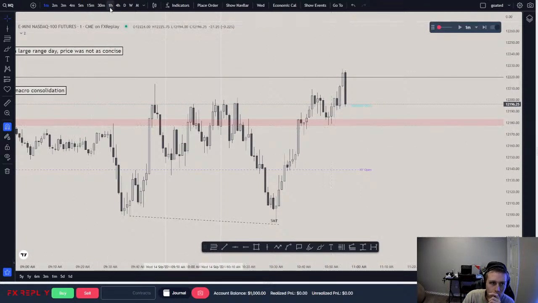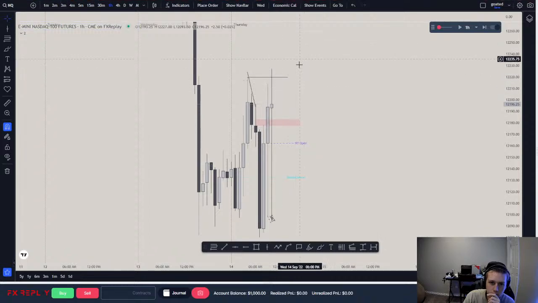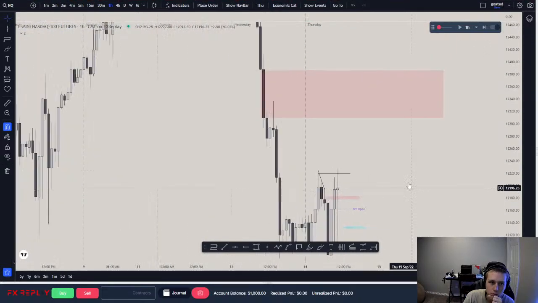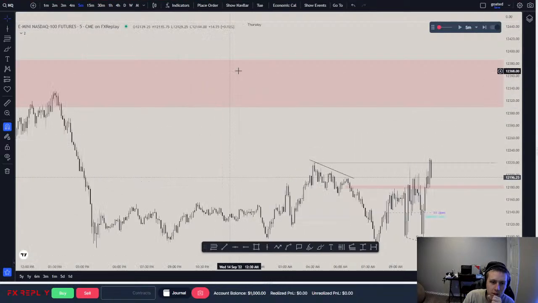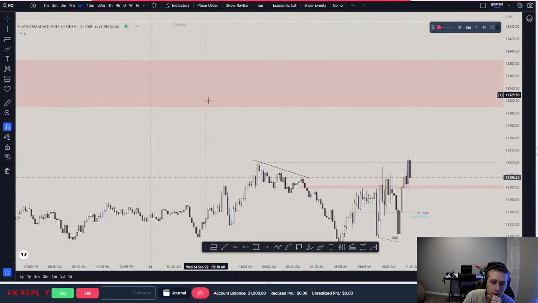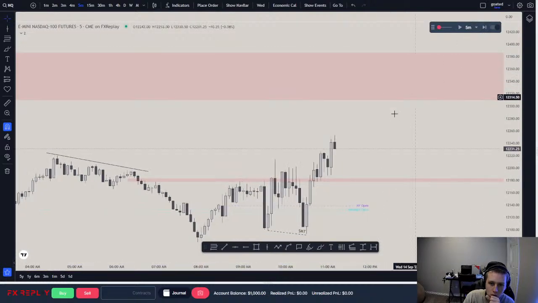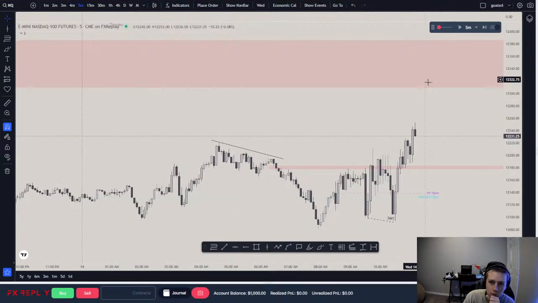All right. So we have just taken buy side liquidity in that fair value gap. I kind of expect to see this fair value gap, honestly, and maybe this high here. Yeah, I definitely do. We could just create a fair value gap there. I want to see this fair value gap.